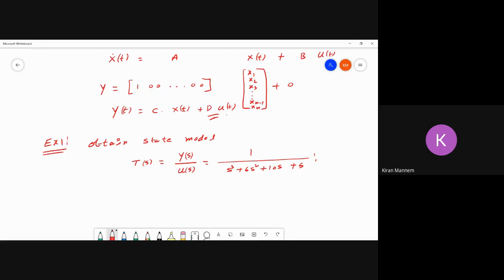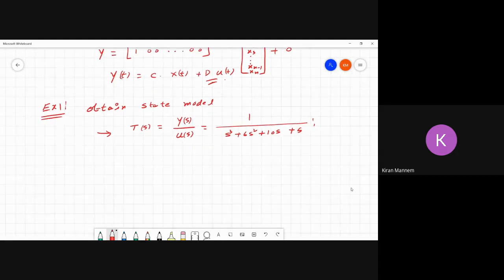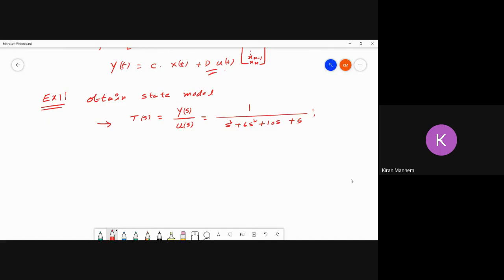To obtain the state model, first convert your transfer function into a time domain function. Cross multiply, that is Y(s) into this and U(s) into this.